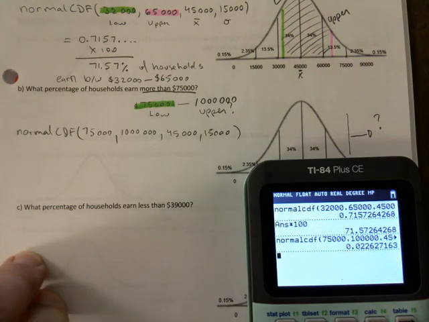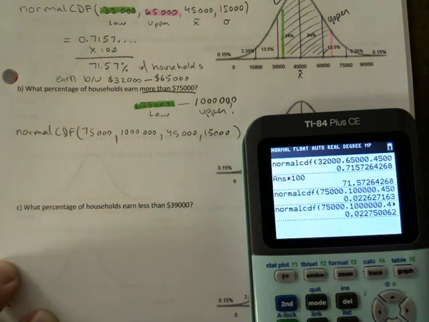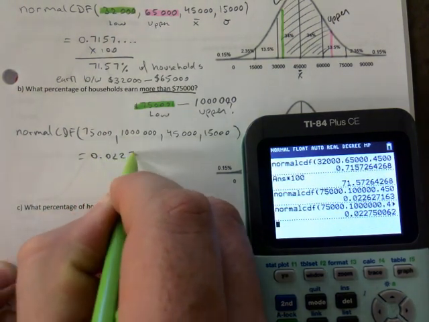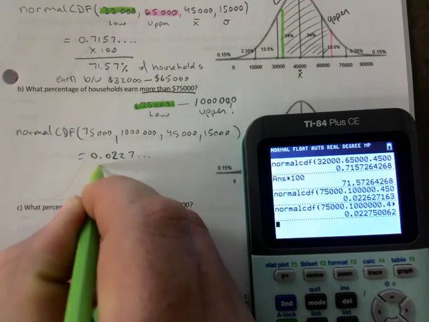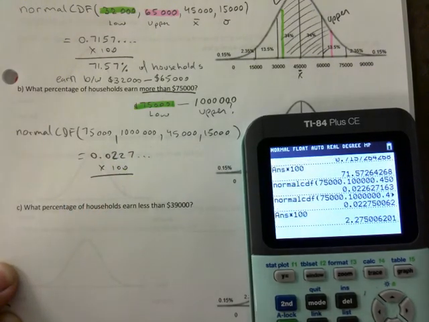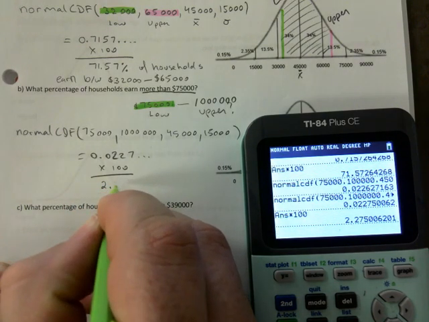Hey, I just went 100,000, sorry. Come on. I thought I typed a million. Okay. And let's try this again. There we go. So you get 0.0227, and that keeps going. You multiply that by 100, and that's 2.28%.